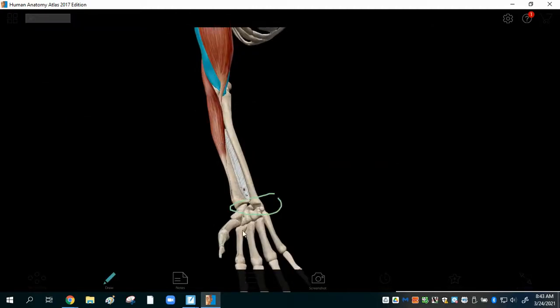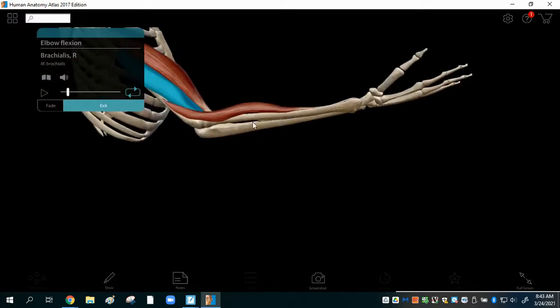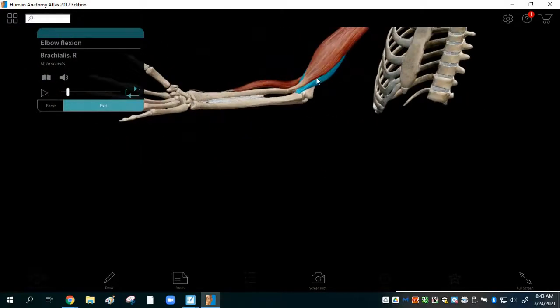None of these muscles cross over the wrist. In order to do so, they would have to stretch all the way across and attach somewhere down here. None of them do that, so they don't have any action at the wrist. They all have action at the elbow because that's the joint that they're spanning over, like a bridge from one side of the joint all the way to the other side.